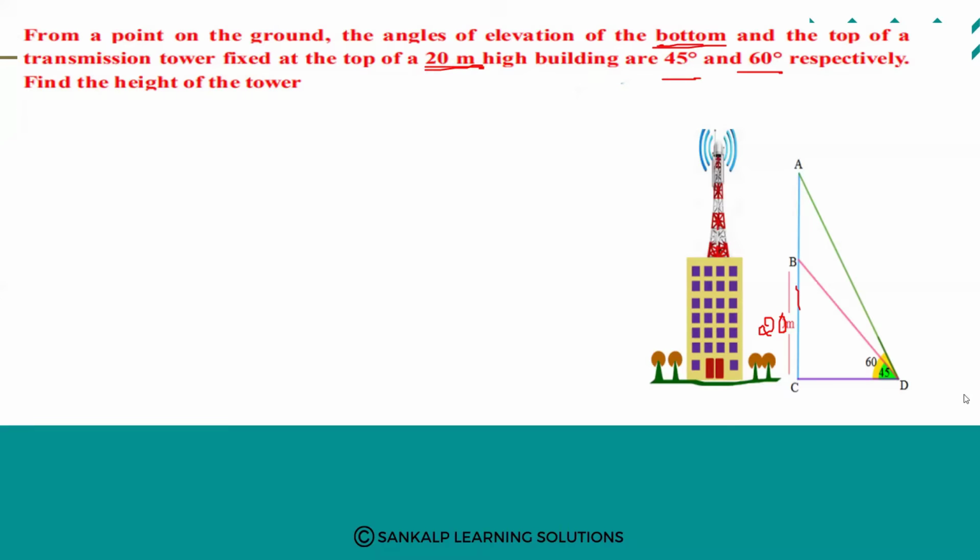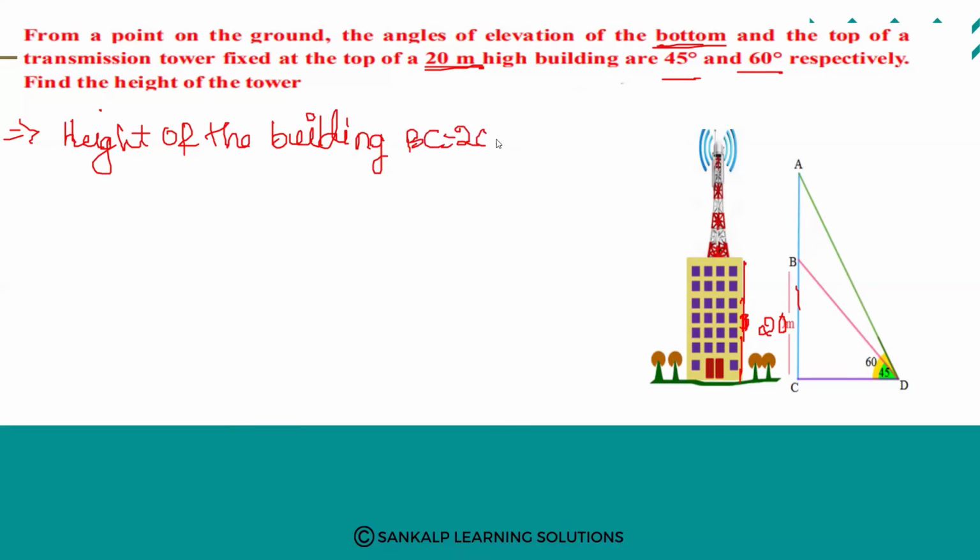So we need to find out the height of the tower, that is AB. Now height of the building. See, this is the height of the building, that is BC. So the height of the building BC is equal to 20 meter.